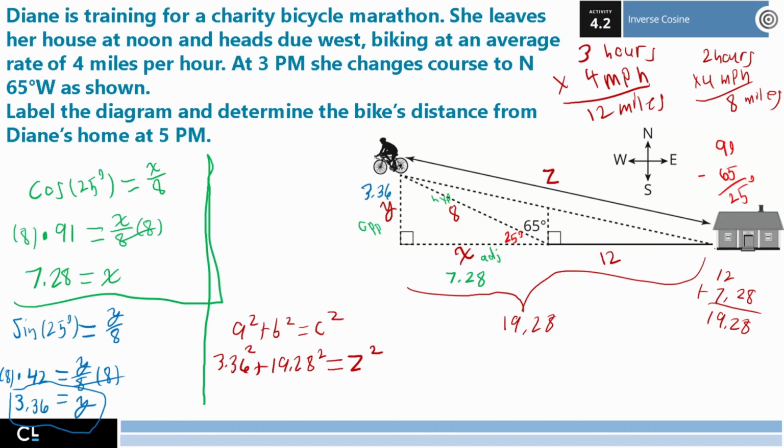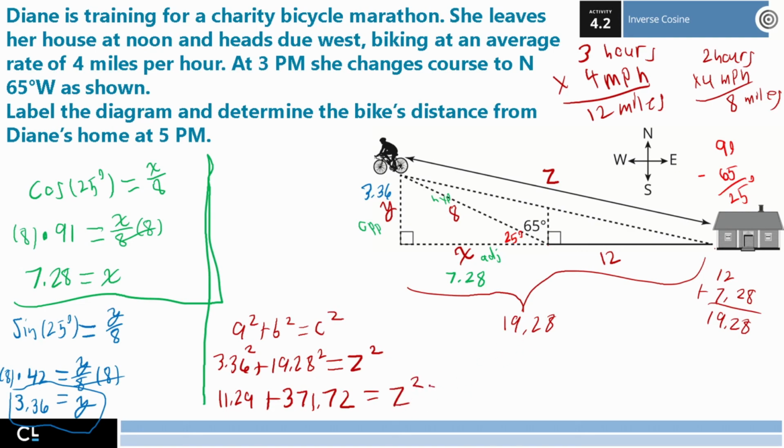That's going to give me, rounded, 11.29, plus 19.28 squared, which is going to be bigger. It's going to be 371.72 equals z squared.